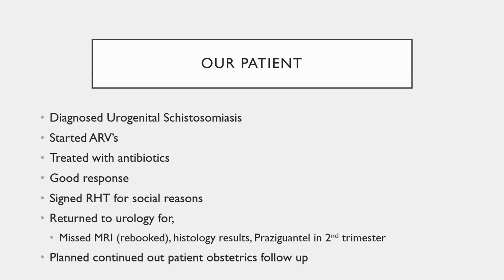And it's actually in areas where it is endemic, it's recommended that all school-going children should get mass dose administration of praziquantel to prevent this from happening, along with many, many other public health interventions. But she was planned a continued outpatient obstetrics follow-up. So far, there hasn't been any urological intervention for her, but she seems to be doing very well in her pregnancy. She's still pregnant. All right, and I think that's all our cases.